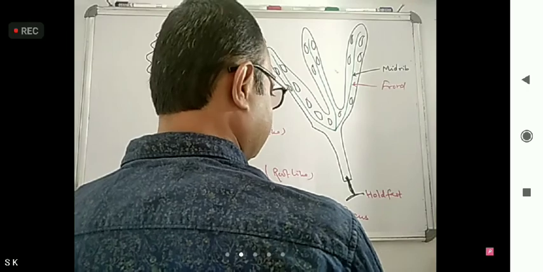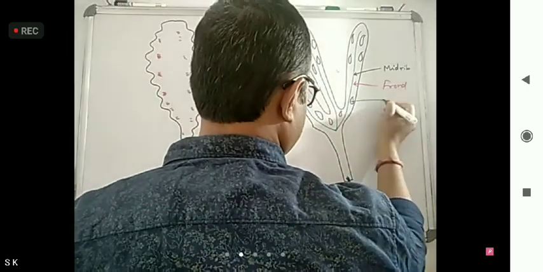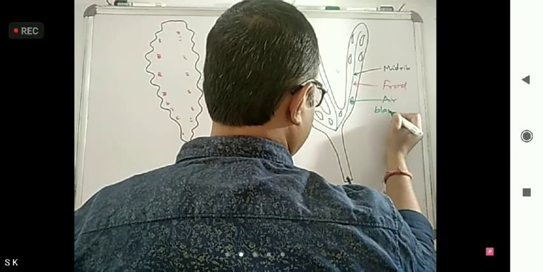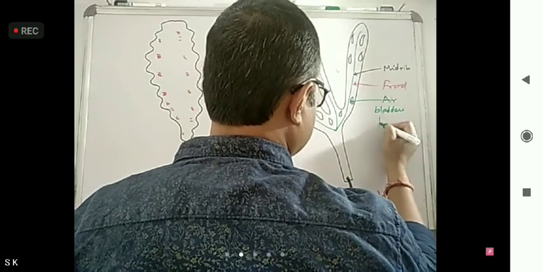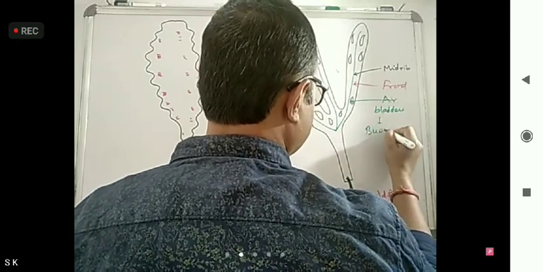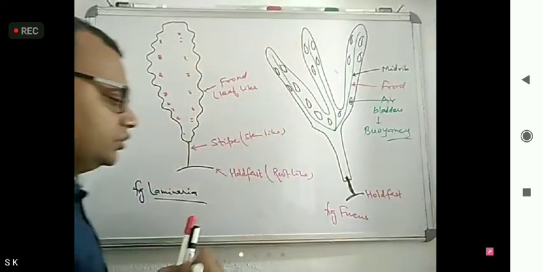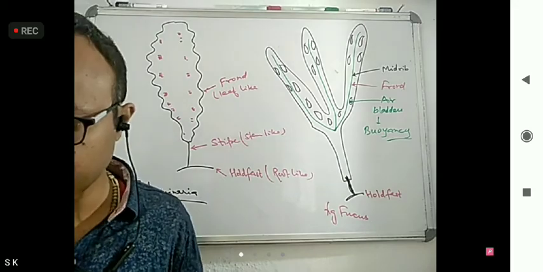This is what? Air bladders. For what purpose? Buoyancy. Okay. So this is the figure of Fucus.